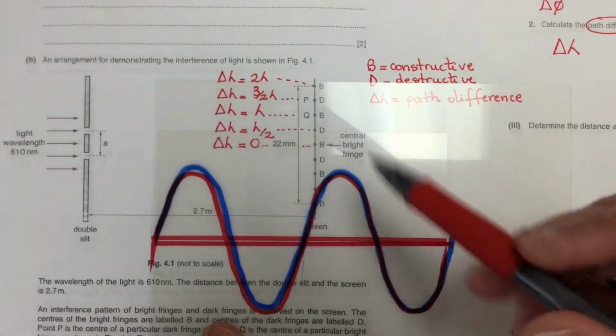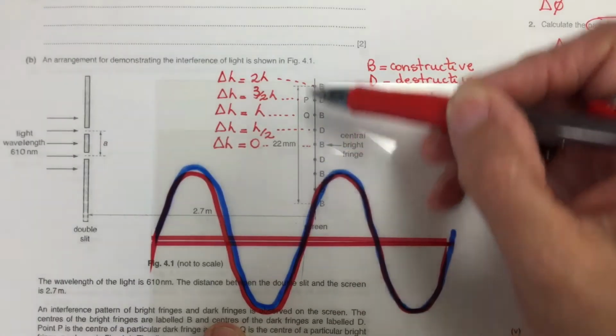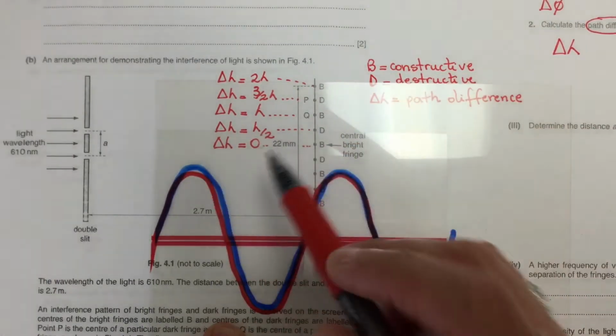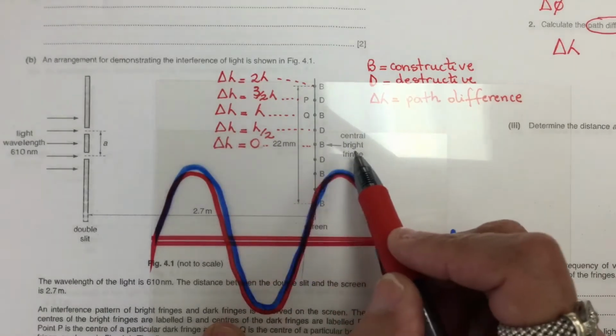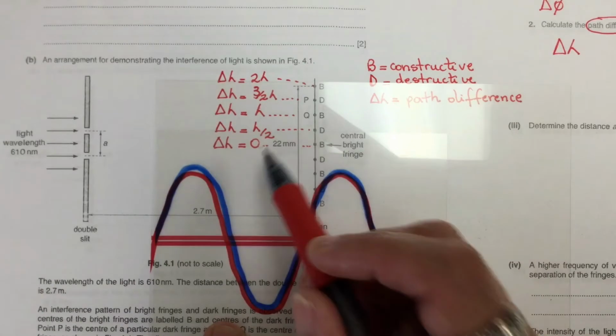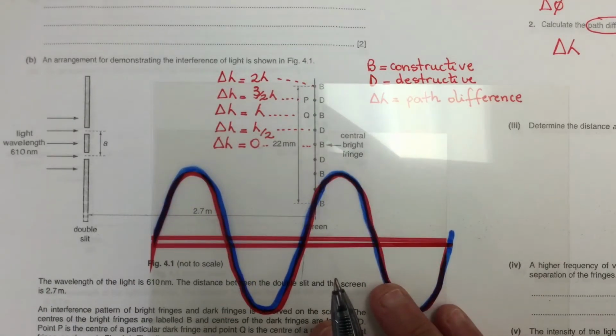So remember, the path difference was determined by moving upward every half of a wavelength. So in this case, at the center bright fringe, the path difference is 0. So both waves are completely in phase.